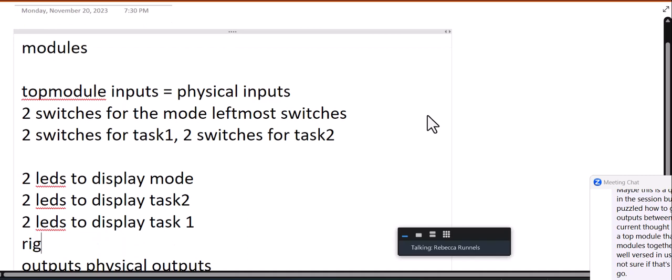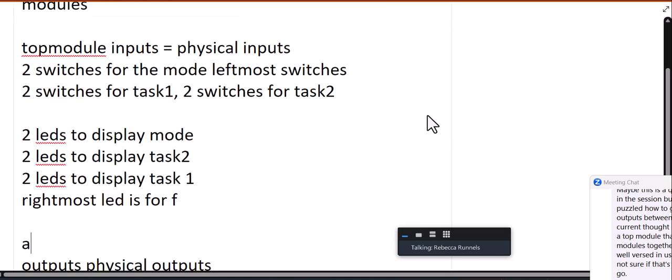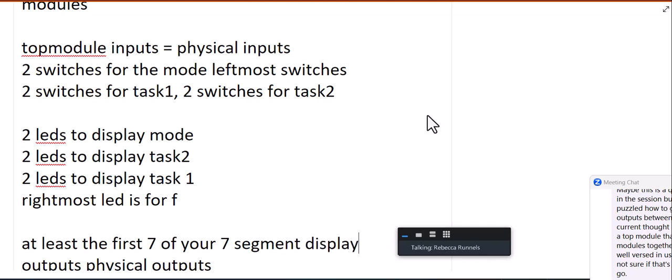And then the rightmost LED is for F. And then you'll need to have at least the first 7 of your 7-segment display. I also include the decimal point. I put that one in.